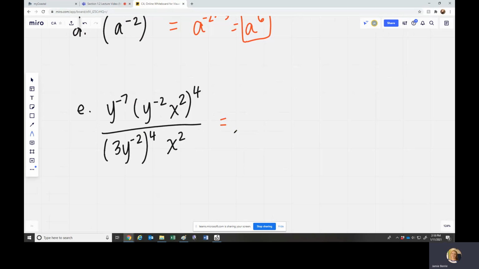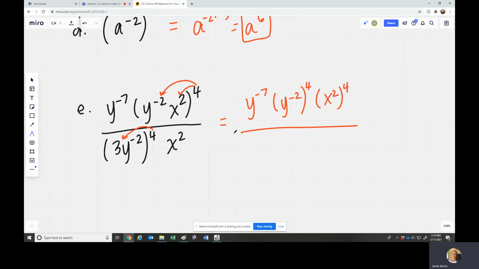In the denominator, we have 3y to the negative 2 being raised to the 4th power, and then x squared. I'm going to work on my parentheses first, and that's how the order of operations works. So I'm going to just go ahead and distribute this exponent to begin. So we have y to the negative 7th, not doing anything with that yet. I'm going to go ahead and distribute that. So that's y to the negative 2 to the 4th power, and then x squared to the 4th power.